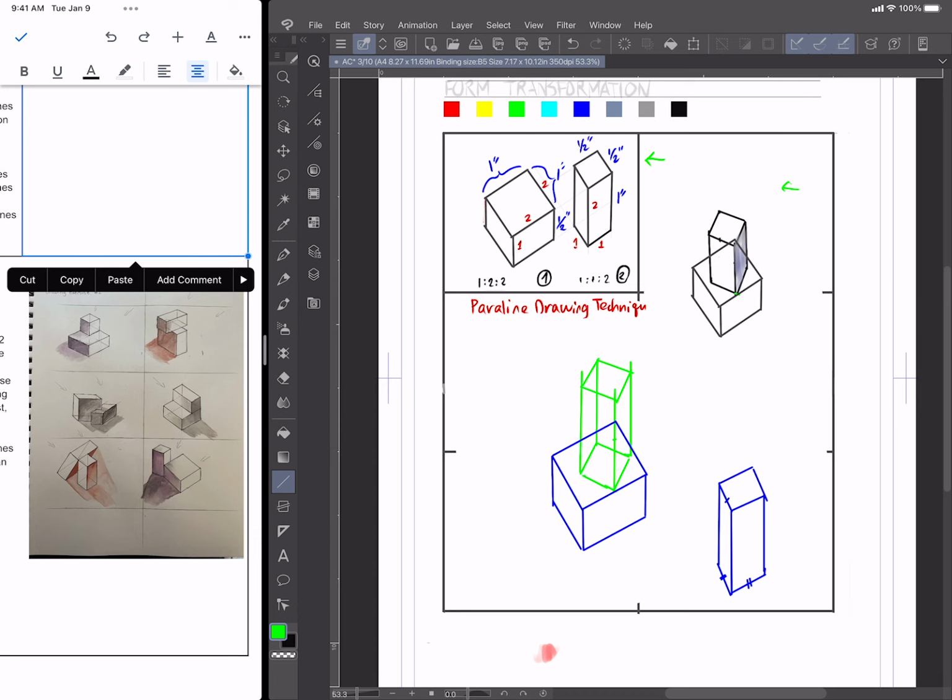And then we're going to use a different color to highlight the portion that is visible to us, meaning it's in the front, not being blocked by any surfaces or edges.